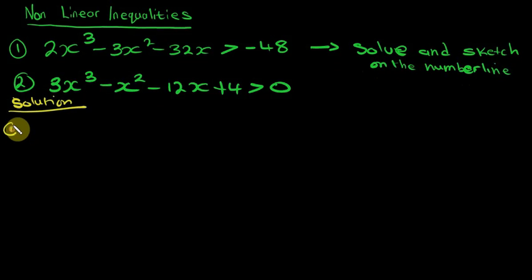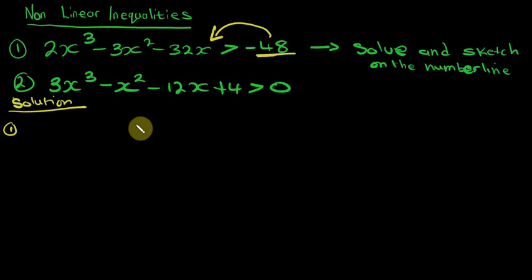Now the first thing we need to do is rewrite this in a standard form. We cannot have a number on the other side of the inequality sign, so we group all the terms on one side.